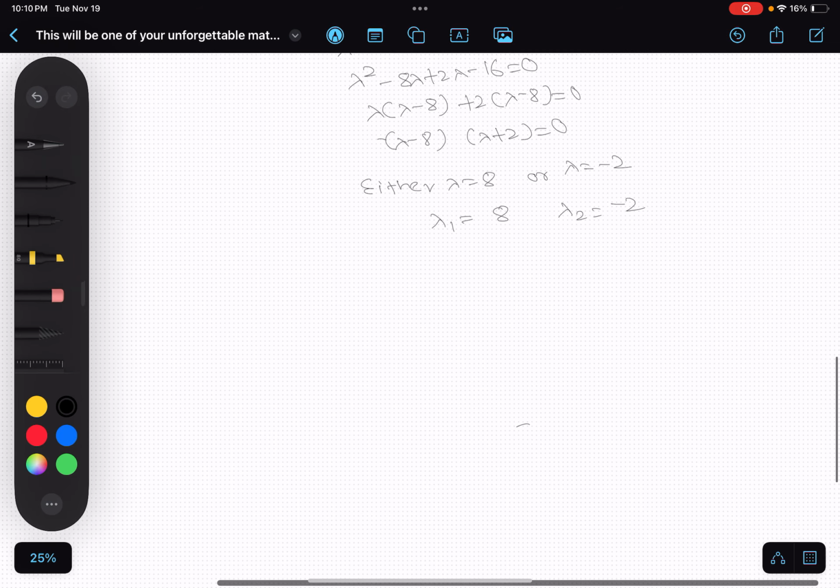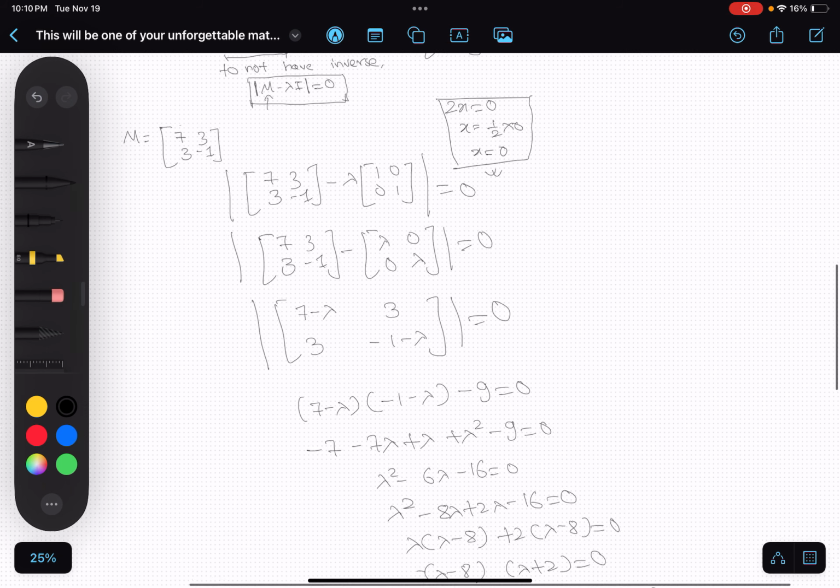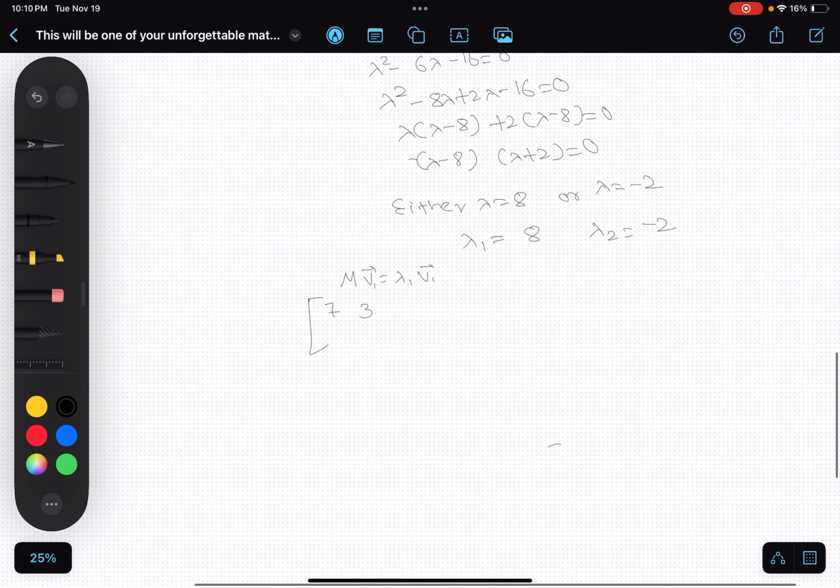Our definition was that M times the vector a1 b1 should be lambda 1 times the vector a1 b1. Our M is [7, 3; 3, -1], and our vector a1 b1 should be equal to 8 times a1 b1.